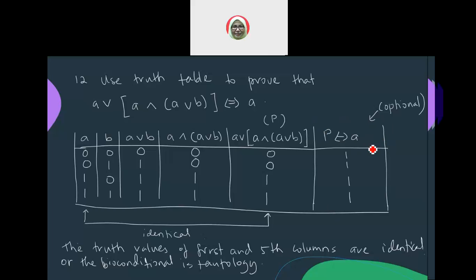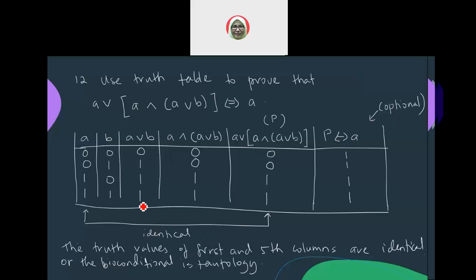For logical equivalence using a truth table, you use either the identical column or the tautology.